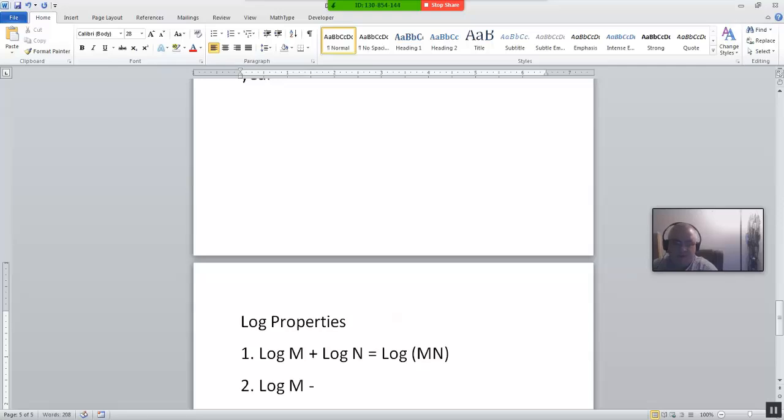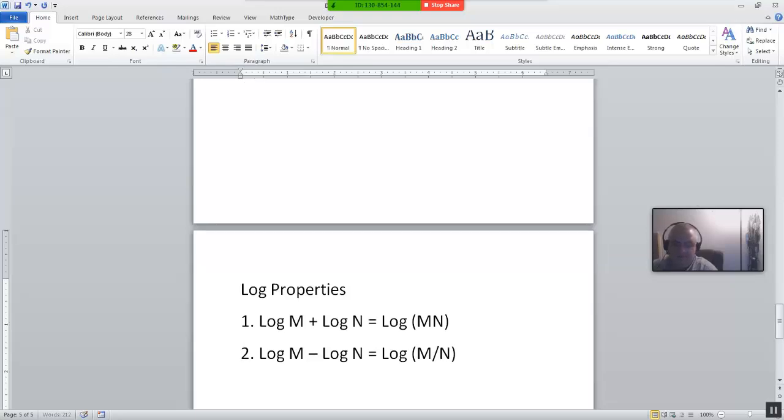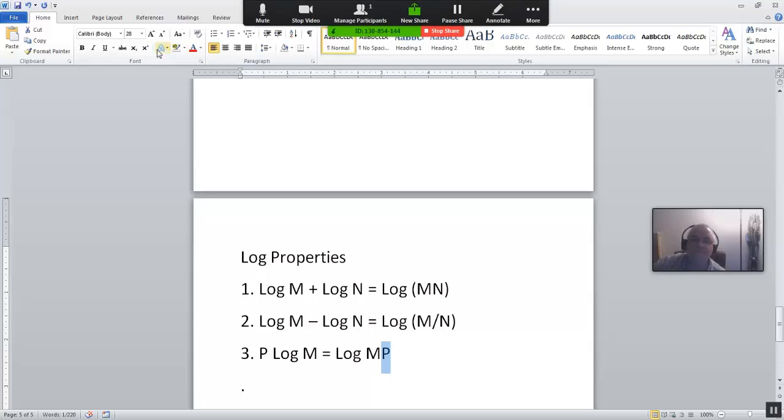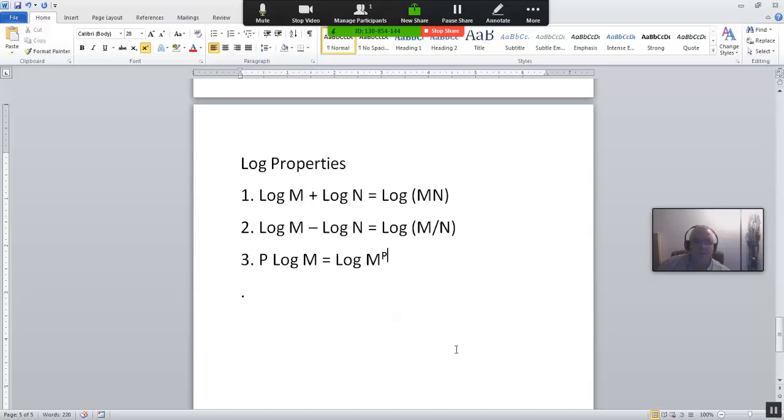If you have log of something minus log of something, subtraction becomes division. And if you have a number out in front of your log, although technically it doesn't have to be strictly a number, you can have a variable, you can take whatever's in front of your log and put it as your power. Those are our three main ones.